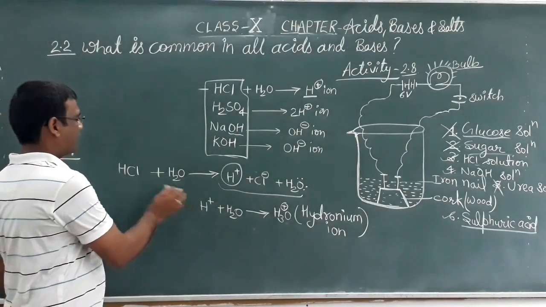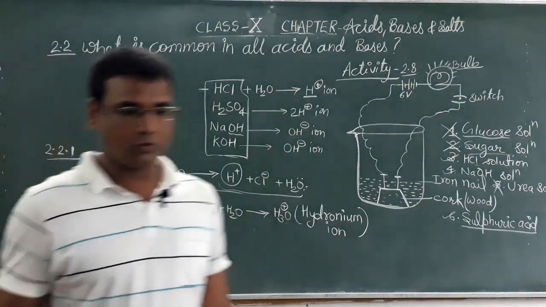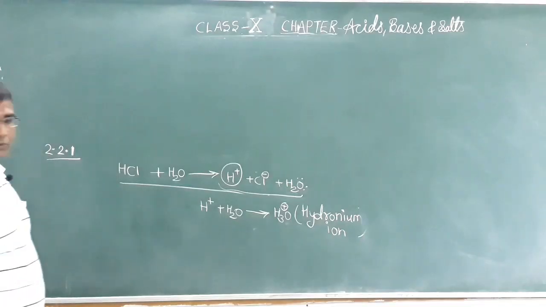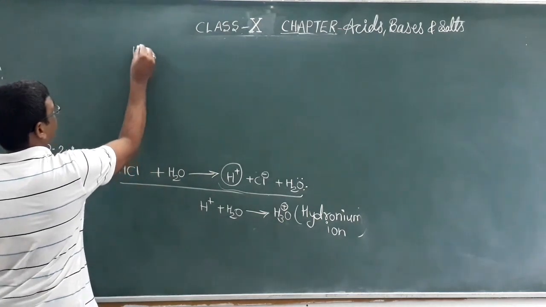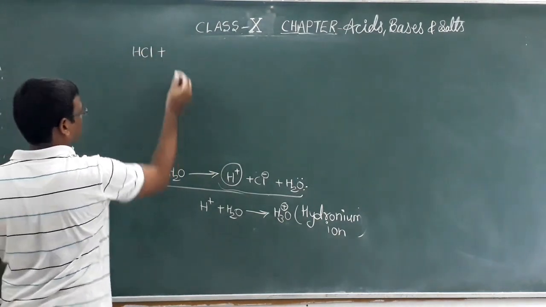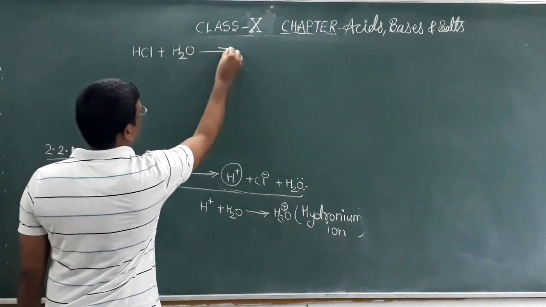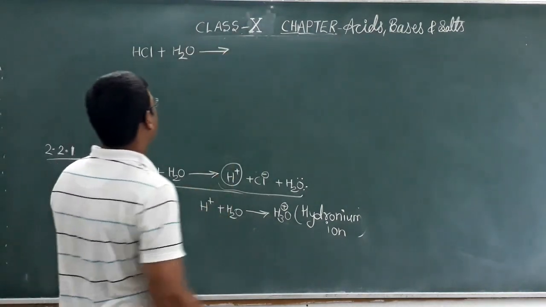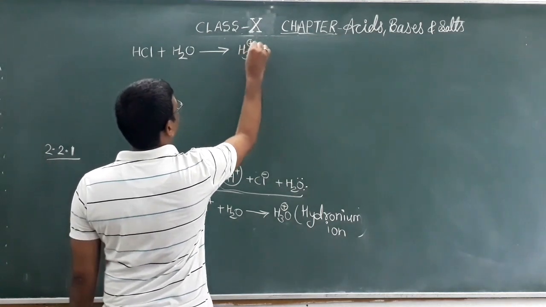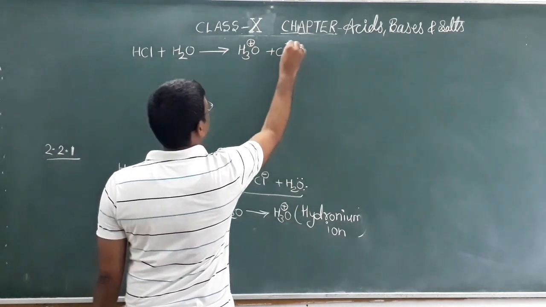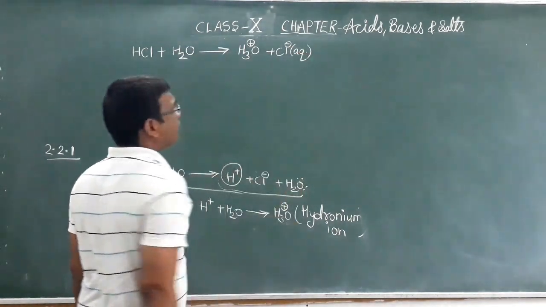You can write this equation in another form also. Look on the board. You can also write this equation in another way, that is HCl plus H2O gives, directly I am writing here, hydronium ion and Cl minus, and here I am writing Aq. What is Aq?